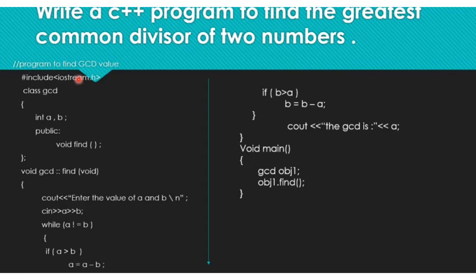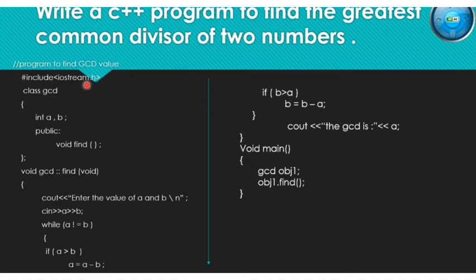If you missed that, check out that video. So first of all, we have to include the header file. Include is a keyword, and iostream.h is the header file which we have to include in our program.